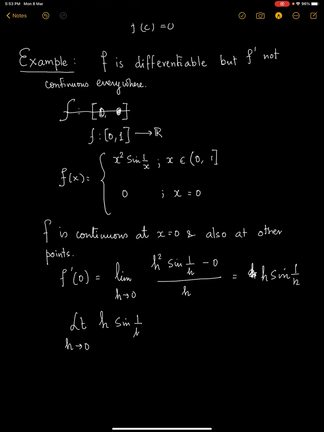I'll not prove it fully because this is a simple thing: sine 1 by h is a bounded function, and h is going to 0, so if you multiply that with a bounded function, the limit would be 0.